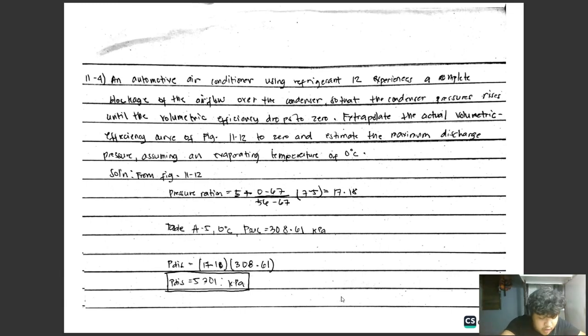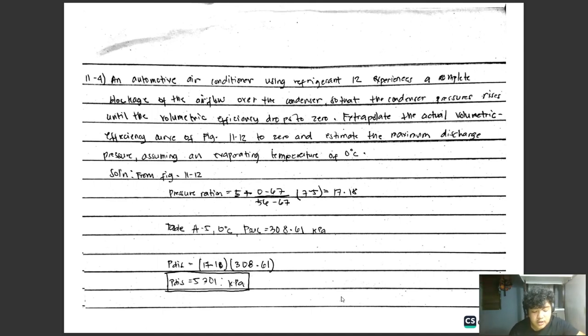So the pressure ratio equals 5 plus 0 minus 67 over 56 minus 67 times 7 minus 5. So we have the value of 17.8. From Table A-5, at 0 degrees Celsius, our suction pressure is equal to 308.61 kilopascal.